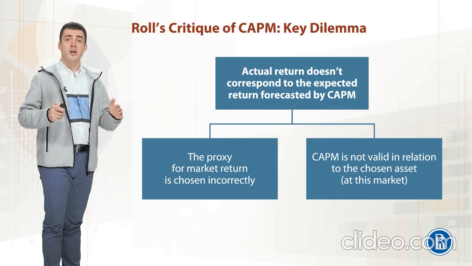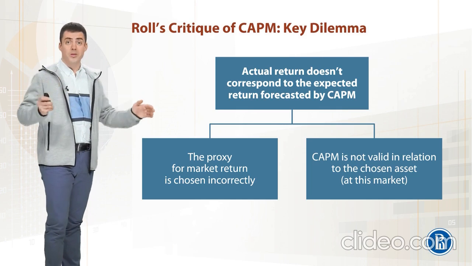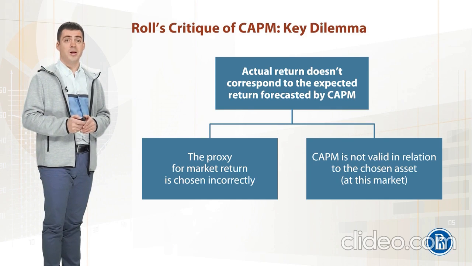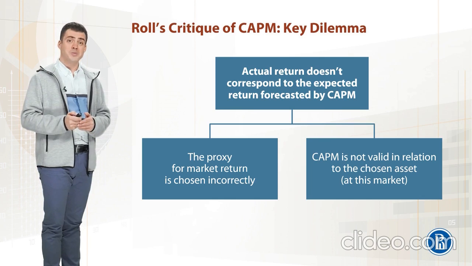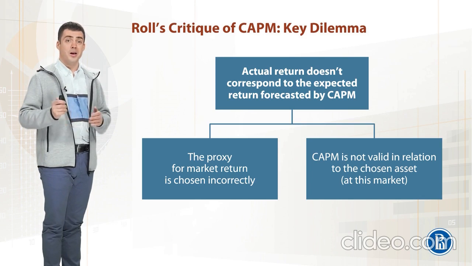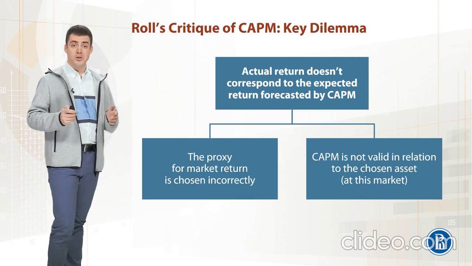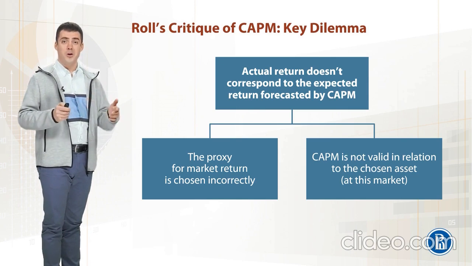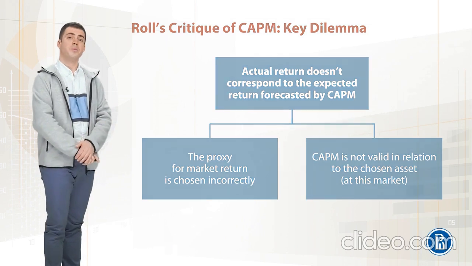However, the CAPM in general is not valid in relation to the chosen asset or this market overall. And the problem is that we never can tell. Practically, even if the expected return equals the actual return, it can be the consequence of a double mistake, meaning that we may choose the incorrect proxy and the CAPM is not valid. However, by coincidence, we have received the correct forecasts.